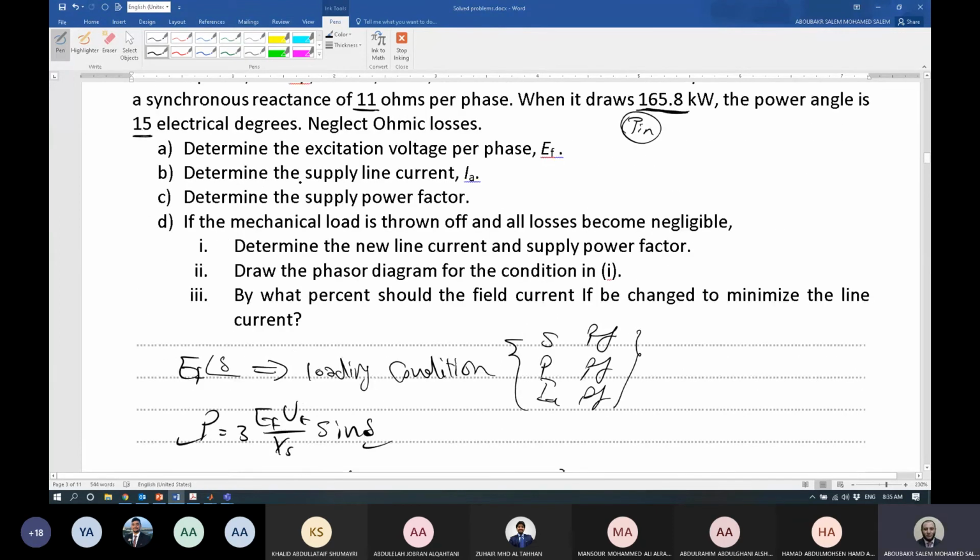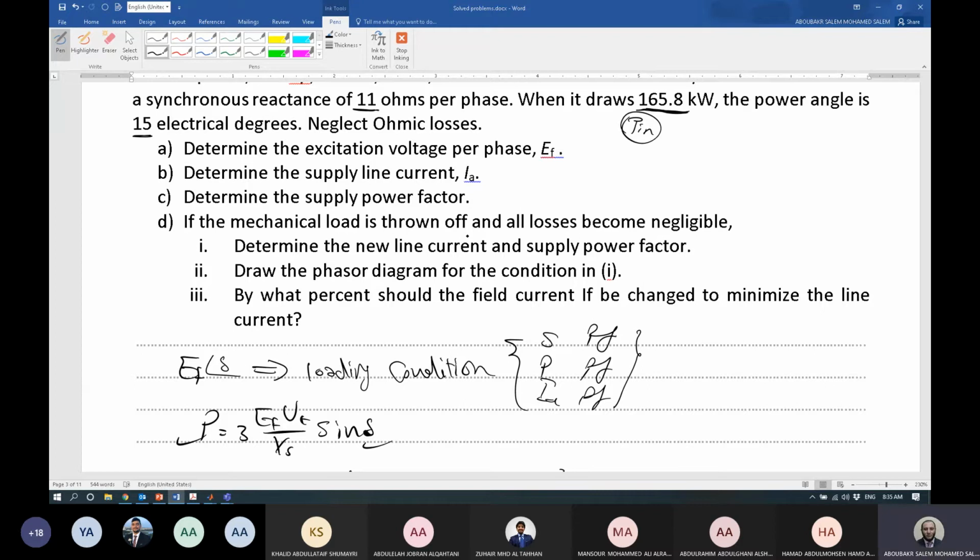And then part D: determine the supply current and also the power factor if the mechanical load is thrown off. Mechanical load thrown off means the output power equals 0.